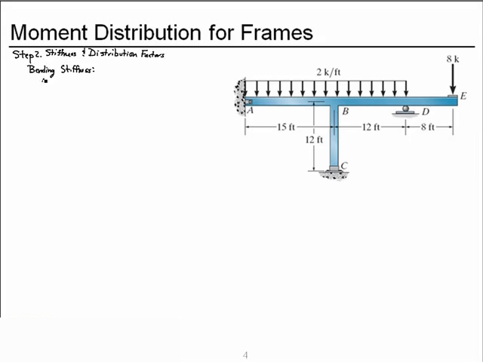First thing I want to point out, EI is constant for all members. So rather than plug in the numbers that we have, I'm going to leave it as a constant for as long as I can.